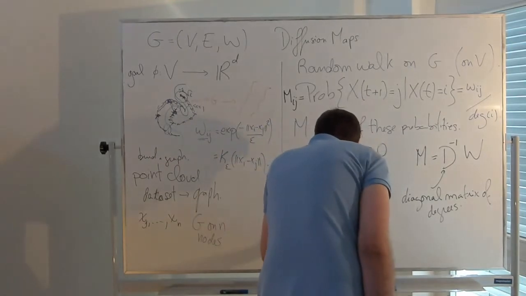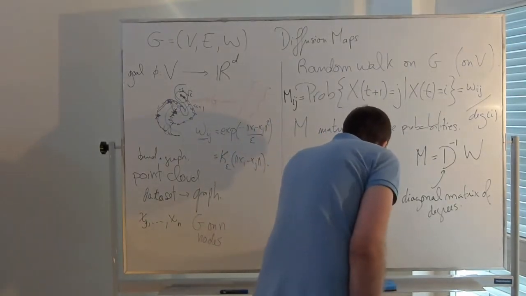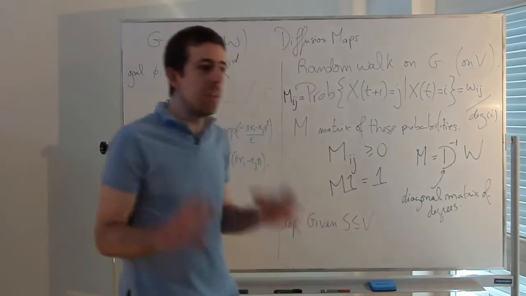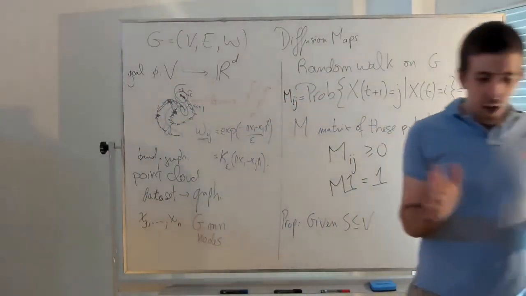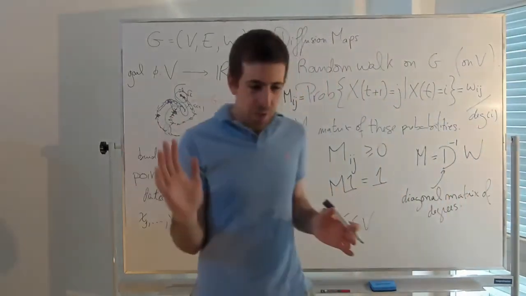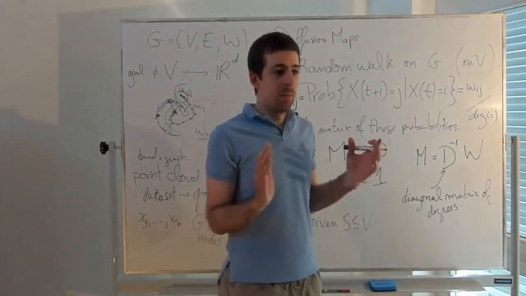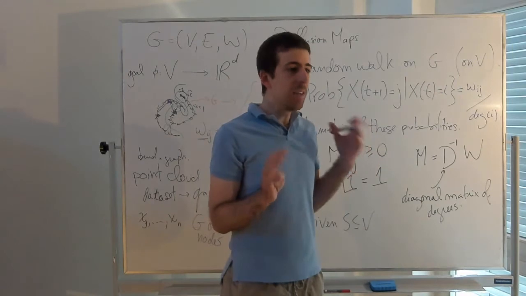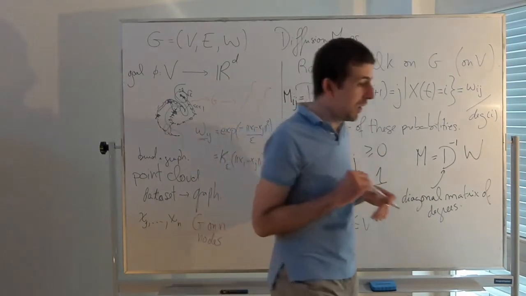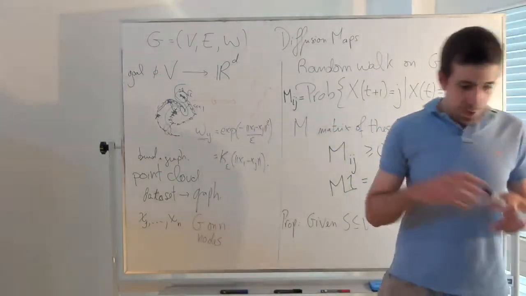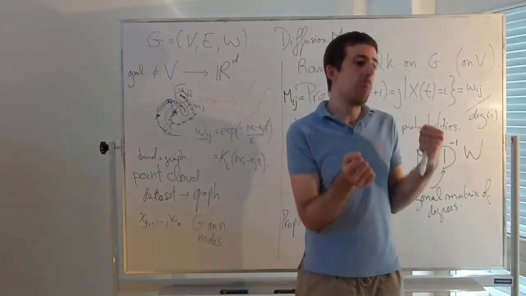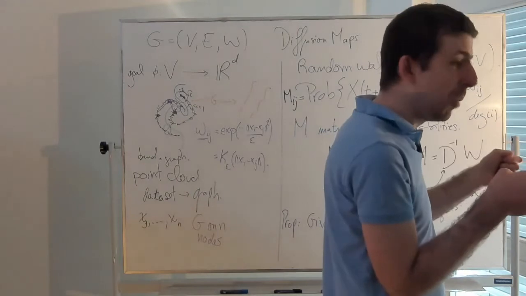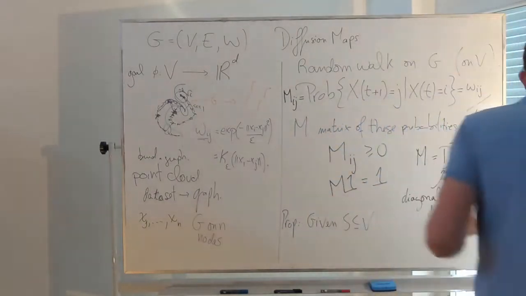Given a set S inside the vertices, the normalized cut of S is exactly the probability of jumping from S to S complement plus the probability of jumping from S complement to S. So the probability, conditioned on being in S, of jumping to S complement, plus the probability, conditioned on being in S complement, of jumping to S.